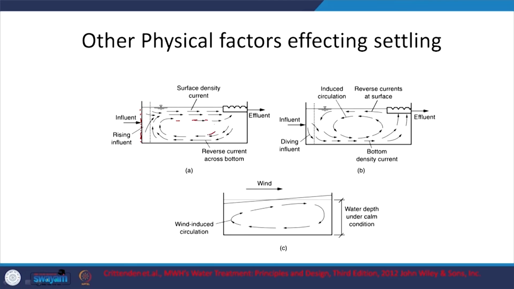Why is this an issue? Whatever has settled down here is going to be scoured up, and you are not going to have an ideal settling zone. And here you have a diving effluent, again causing scouring. And again, in windy conditions, wind creates circulation inside the tank. You don't want any of that. You want to have laminar flow conditions.